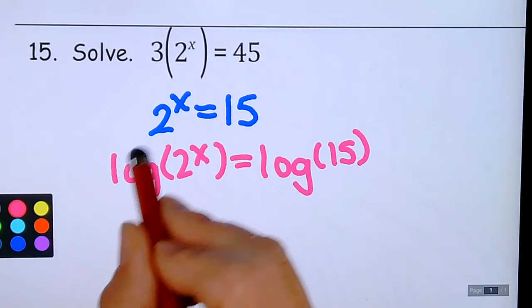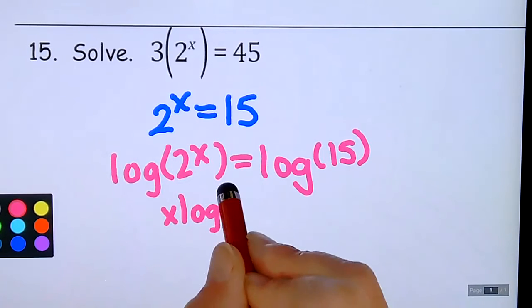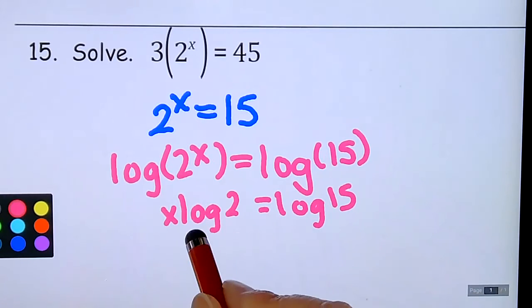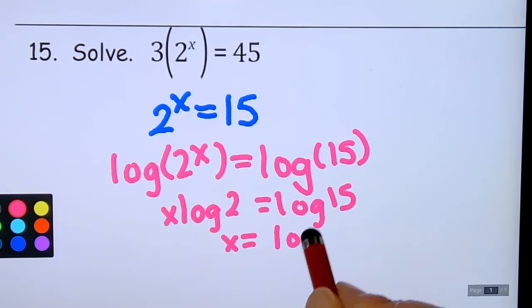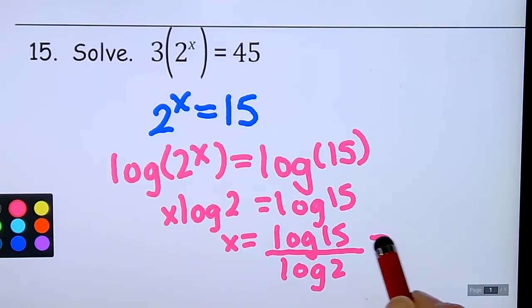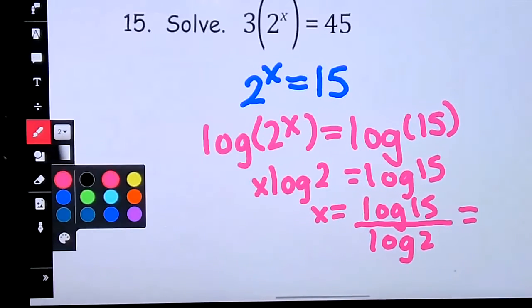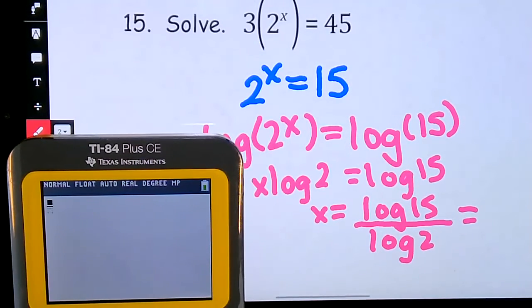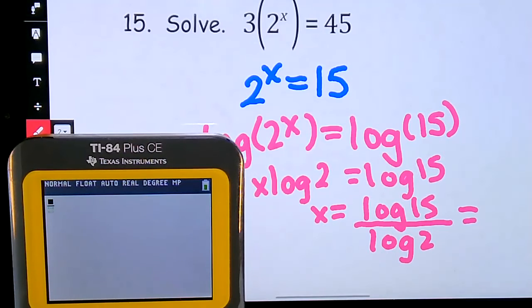And so when I do that, the exponent comes in front, so it's x log 2 is equal to log 15. I'm going to divide both sides by log 2. So I'm going to take log 15, which I'm doing in base 10, over log 2, and I can just put that into my calculator. Okay, so I'm going to take log of 15 over log of 2.